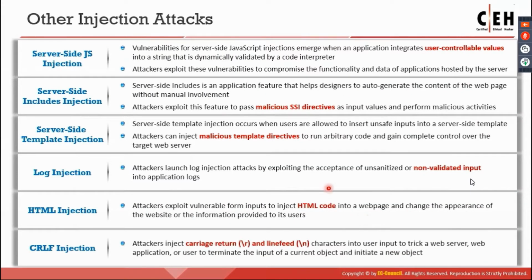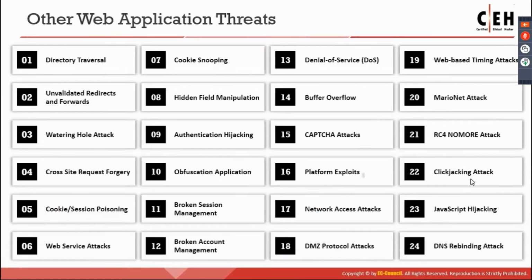Look at the whole list of different types of injection that we have with injection attacks. So a huge number of types and styles of injection. What we find in the end is that there are a huge number of web application threats out there.